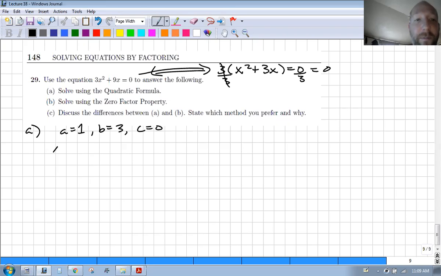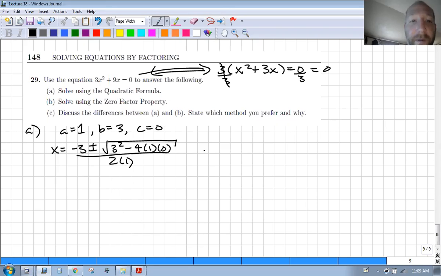So quadratic formula says negative b plus or minus the square root of b squared minus 4ac, all over 2a. We get a negative 3/2 plus or minus. This is 0.